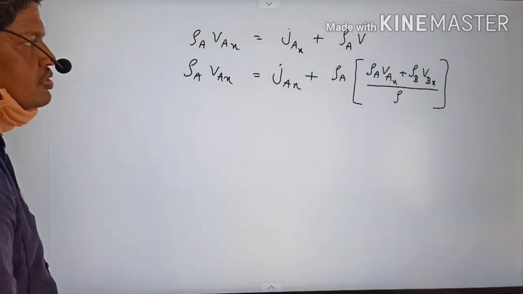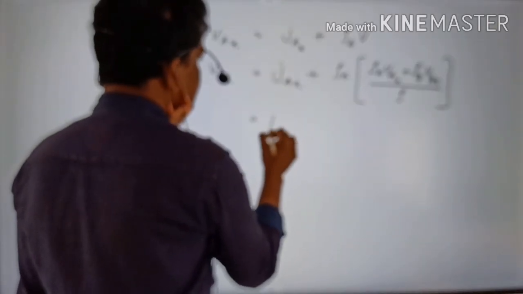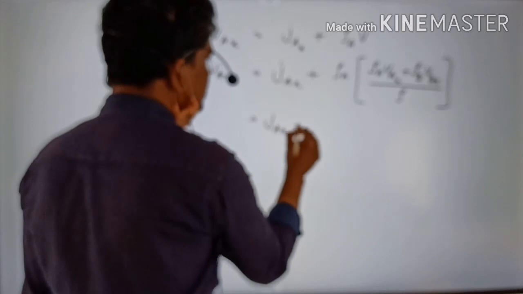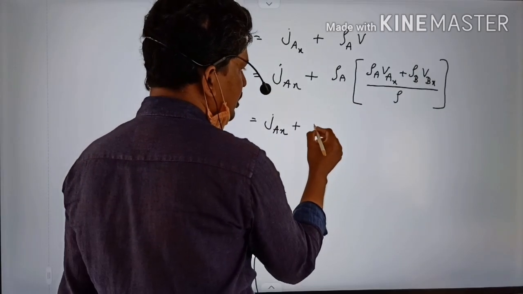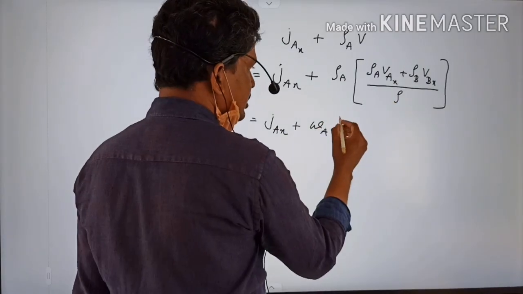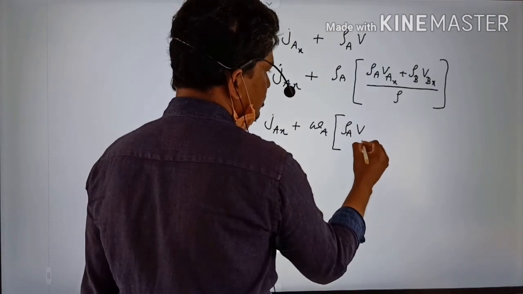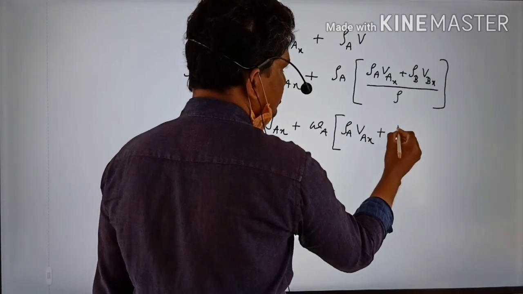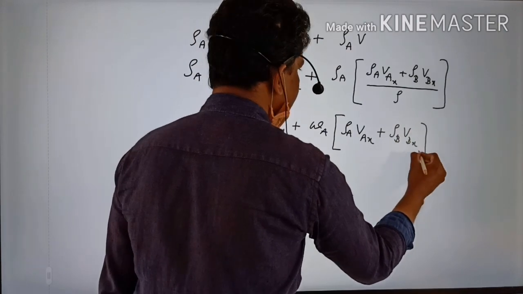So it is jAx plus rho A by rho, which is wA, the mass fraction of component A, into rho A VAx plus rho B VBx.